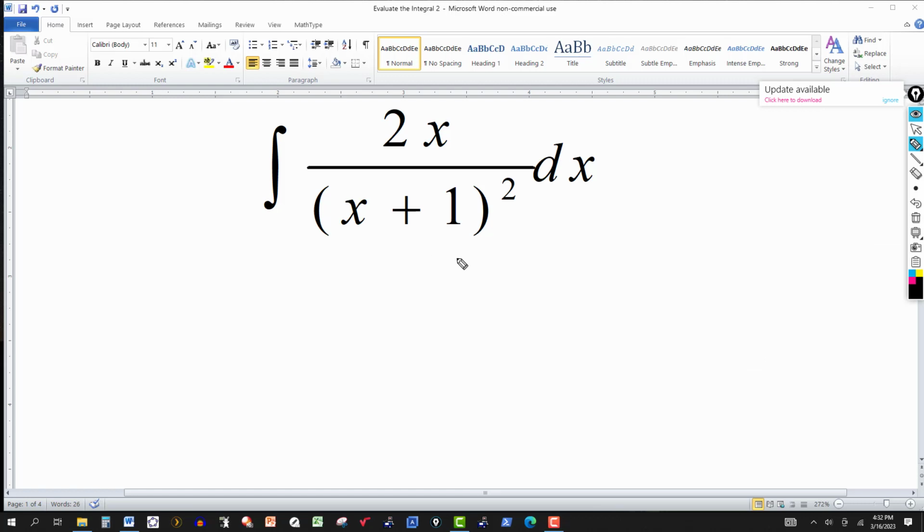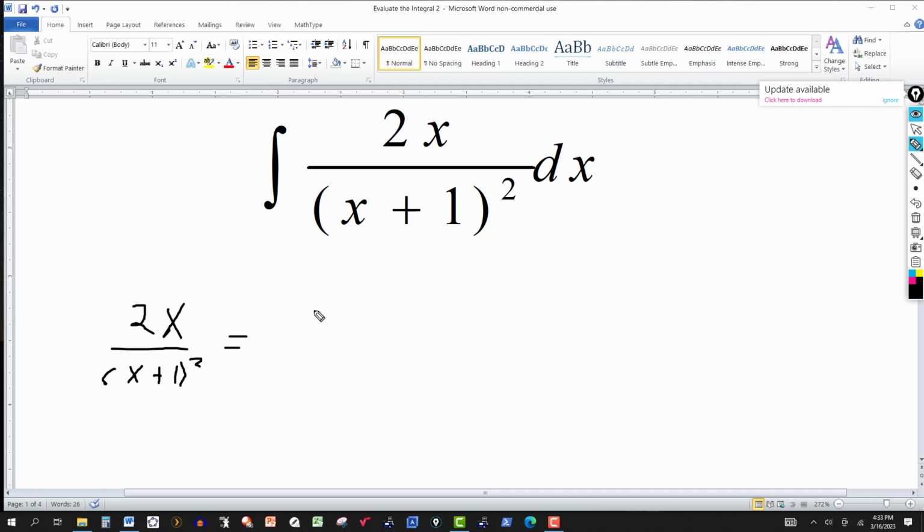If we're going to use partial fractions, set it up this way: 2x over (x plus 1) times (x plus 1) squared. This is a case where you have linear factors that are repeated.